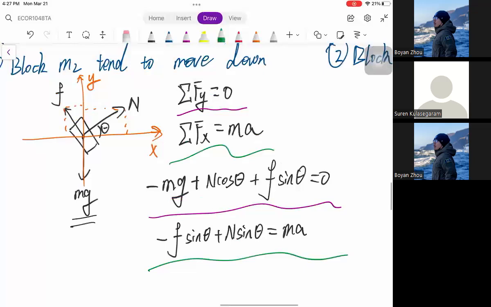So all the force in the x direction needs to be equal to ma. That is Newton's second law.